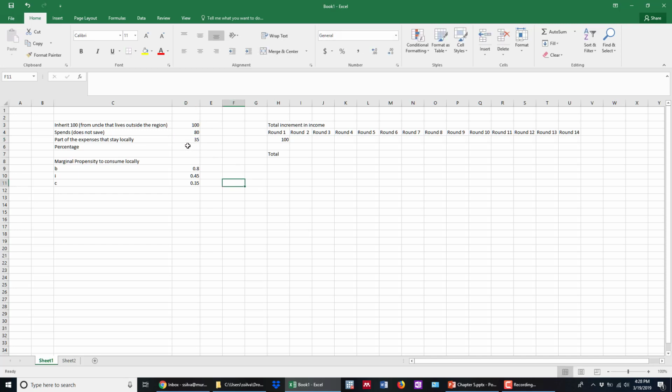You can calculate this percentage as there you go. The percentage that you spend locally is C, your marginal propensity to consume locally.